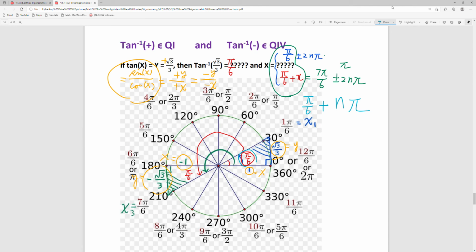Because once you find your arctangent, the angle is pi over 6. You find one angle and you plus pi, you have another angle. And if you plus pi again, you go back to the original coterminal angle.